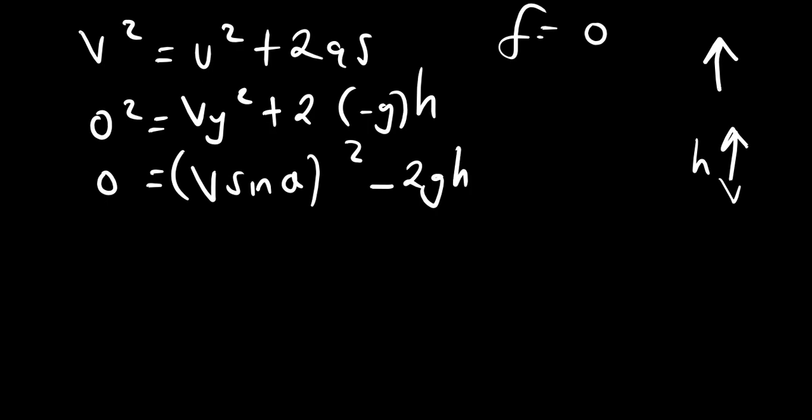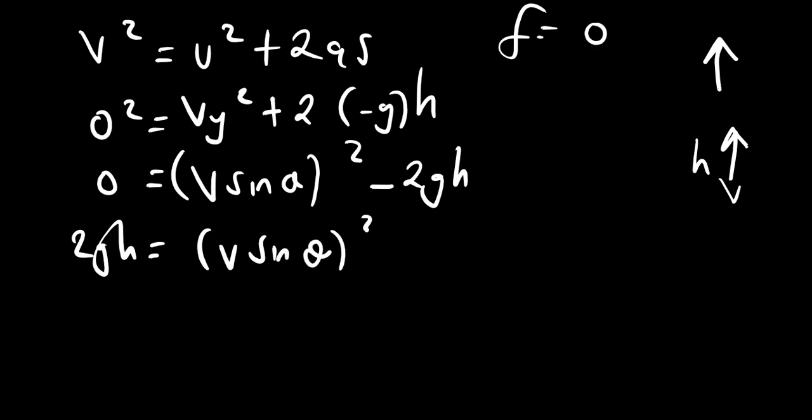If we make h the subject of the formula, what are we going to have? If I take the negative 2gh to the other side, it will be 2gh is equal to V sine theta squared. To remain with my h, I'm going to divide by 2g.